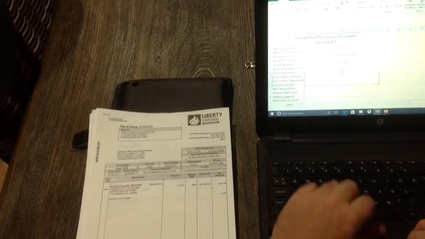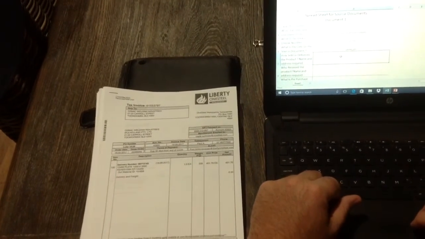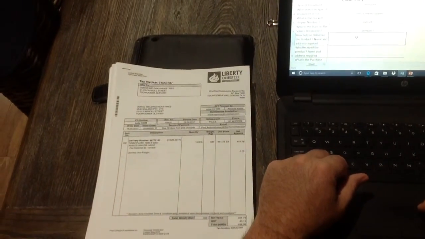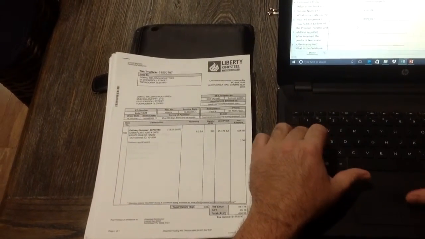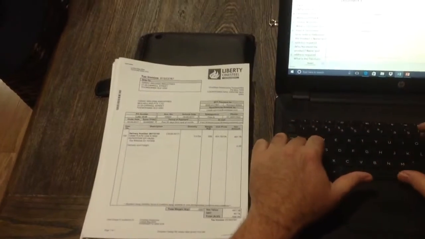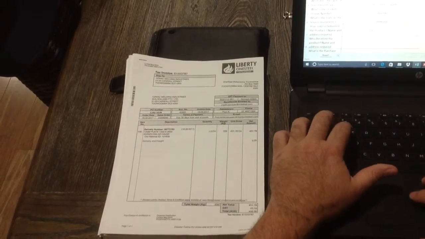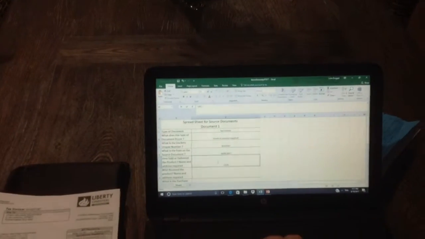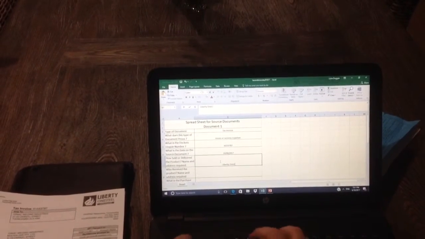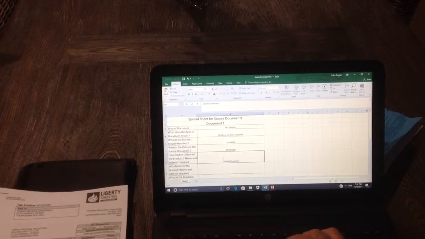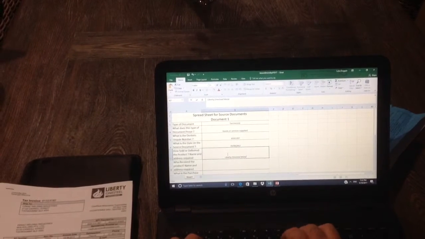The next we're going to look at who sold or delivered the products, name and address. Liberty One Steel, Liberty One Steel Metal Center.